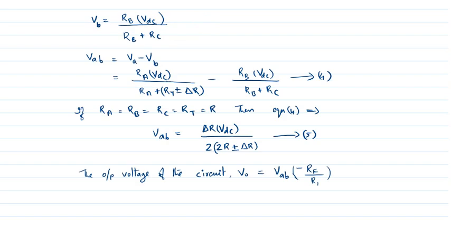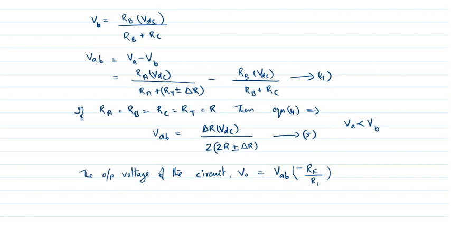So I will just write the condition here. We put a negative sign in this equation so that it indicates that VA is less than VB. Why? Because in VA we have the transducer resistance, so there will be changes in that resistance.